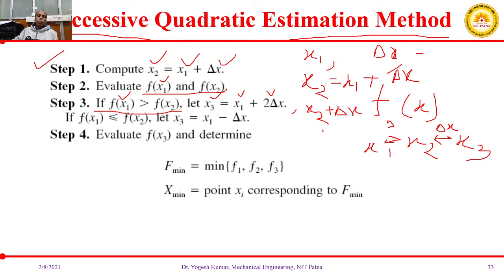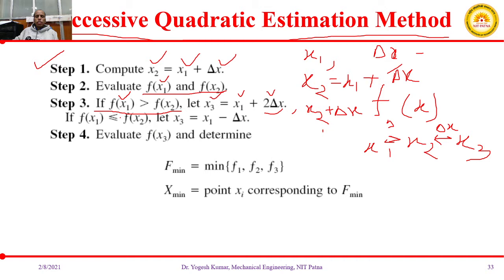So in terms of x1, you can calculate x3 equal to x1 plus 2 delta x. And suppose in case f(x1) is less than or equal to f(x2), then where will x3 lie?